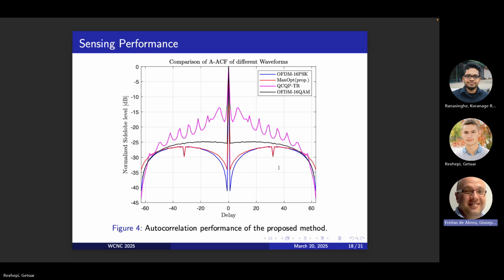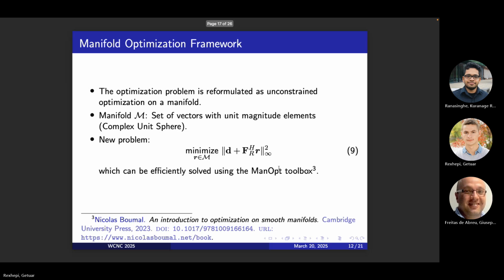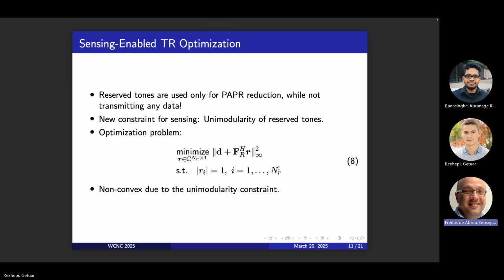So it seems to me like there is still room for improvement, in the sense that, imagine that this red line that you had here was not going down towards zero, but actually stays flat in that range. The reason for asking this is the following. What if you were to relax a little bit the constraint of norm one on R, on your tones, in favor of even better performance in terms of communications? So if you go back to your optimization problem again, what if you allowed a little epsilon?